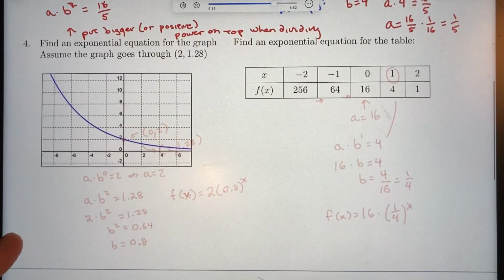All right. Looking at this, if you have a picture, the one on the problem set goes through nicer numbers. I think it goes through like 2, 6 or something. But 0, 2 means a is 2.